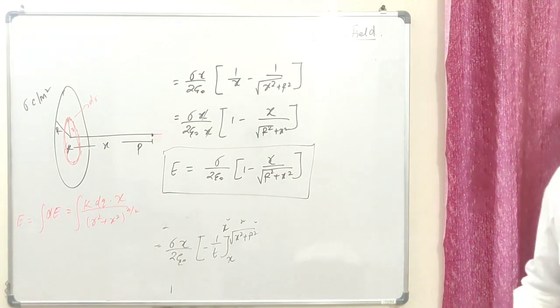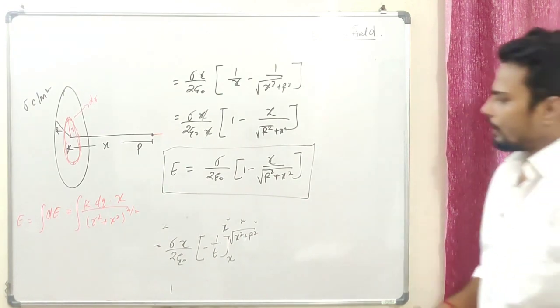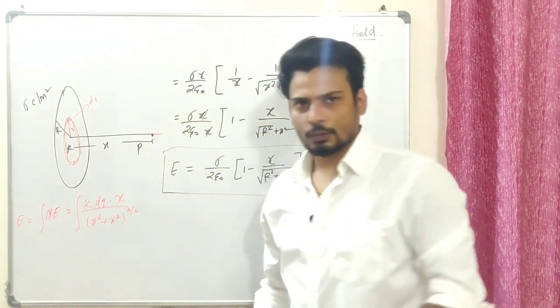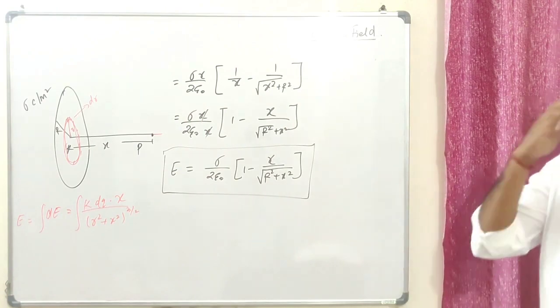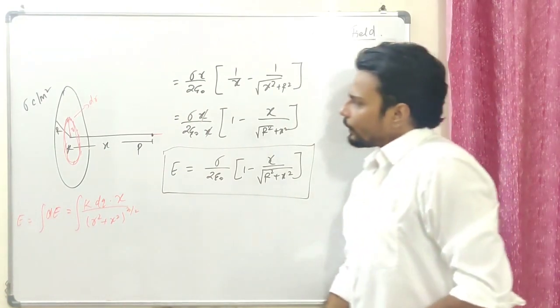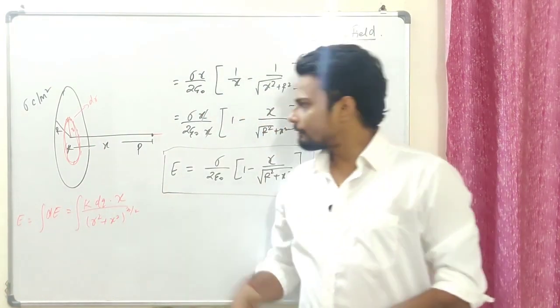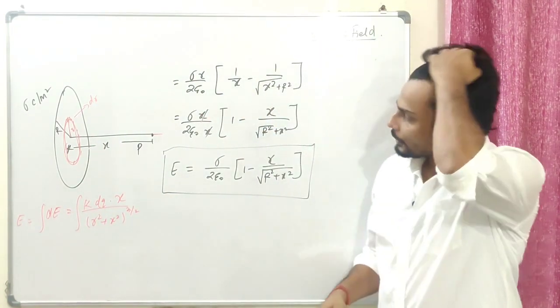Now taking it forward, let's see, we'll be dealing with the conductors very soon, but as of now I just want to convey something to you. What if this x becomes pretty small? For example, I think I have done with the relativity in the previous lecture.